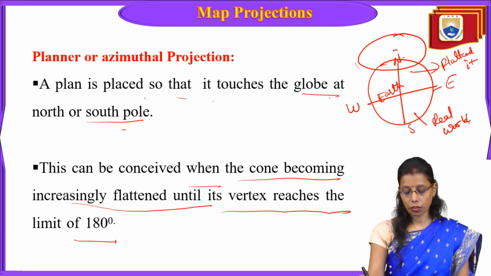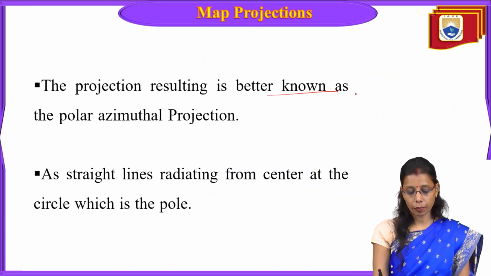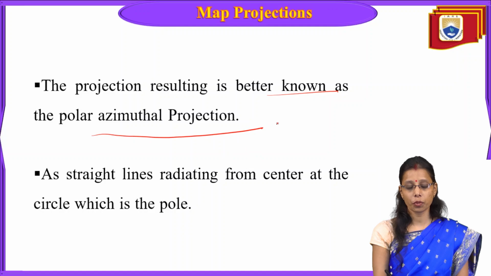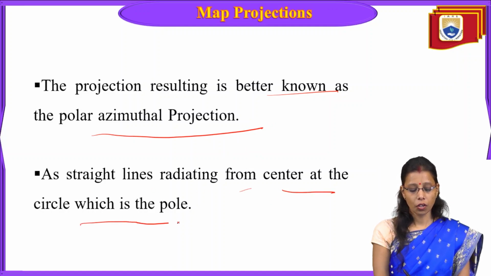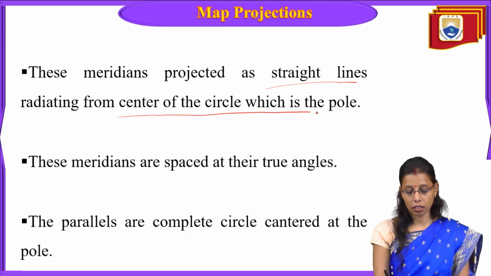So its vertex should reach 180 degrees, like this. Then the resulting projection is better known as polar or azimuthal projection, with straight lines radiating from the center of the circle, which is the pole. So the meridians are projected as straight lines radiating from the center of the circle, and the center of the circle here is the pole.